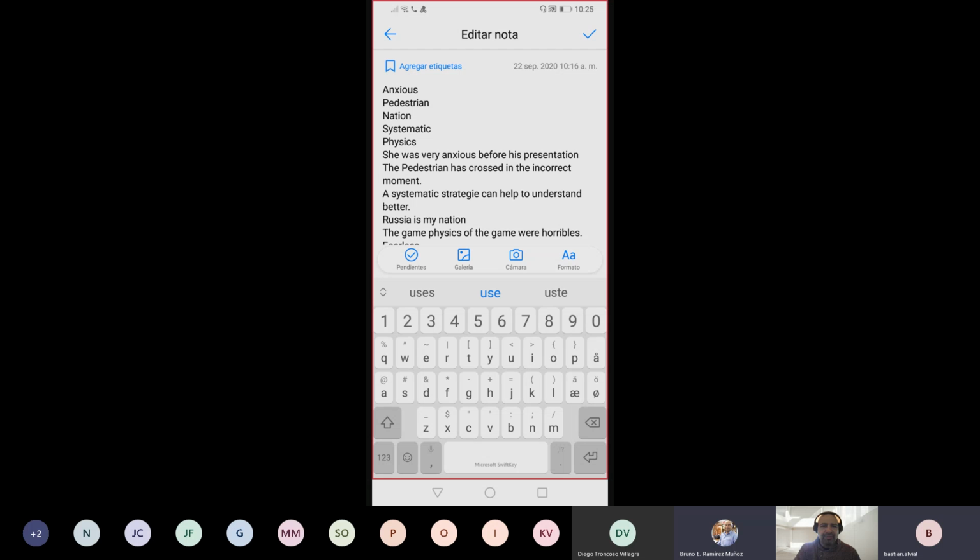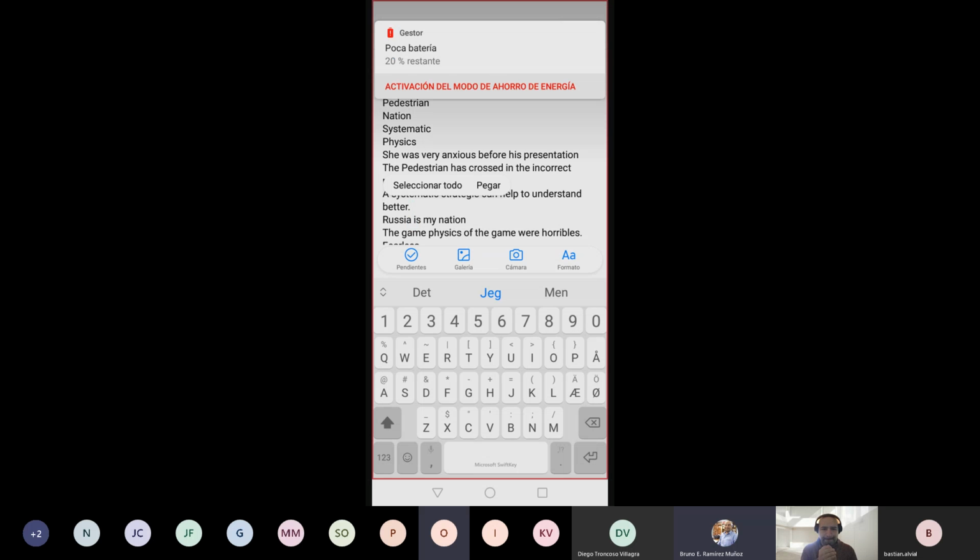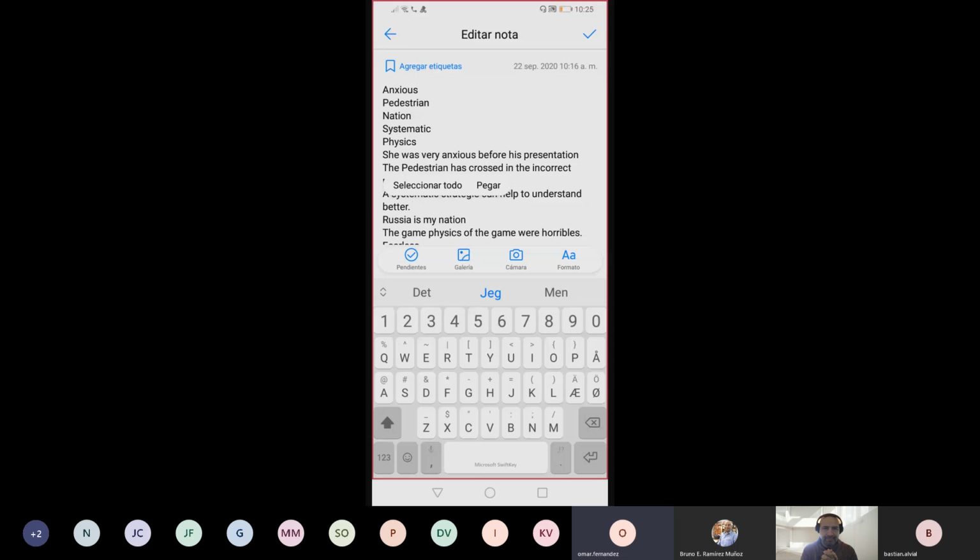Is it incorrect or incorrect? What do you think? This question is for everyone. The way the word with the word pedestrian.